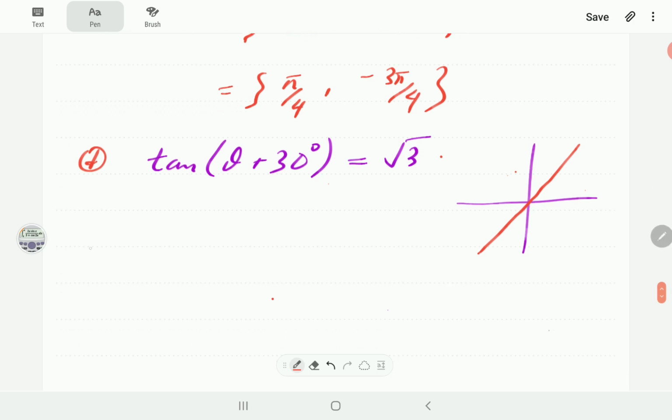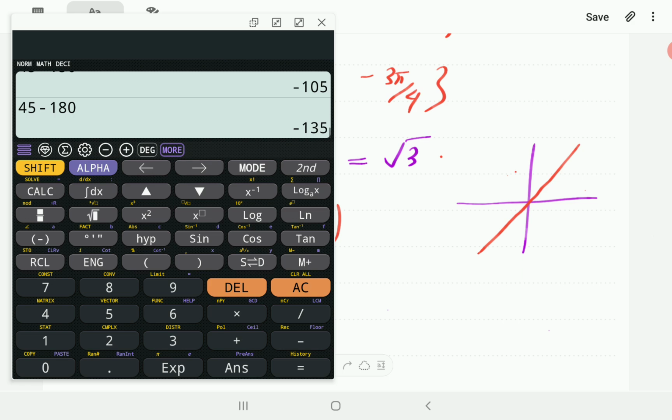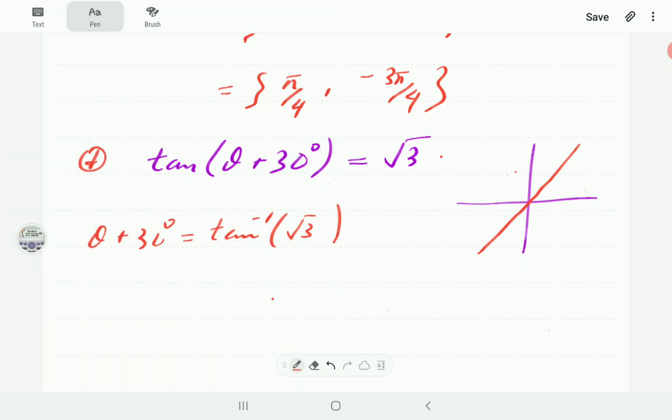Then we can make theta plus 30 degrees the subject of the formula by punching inverse tangent of square root 3. So inverse tangent of square root 3, and the answer is 60.